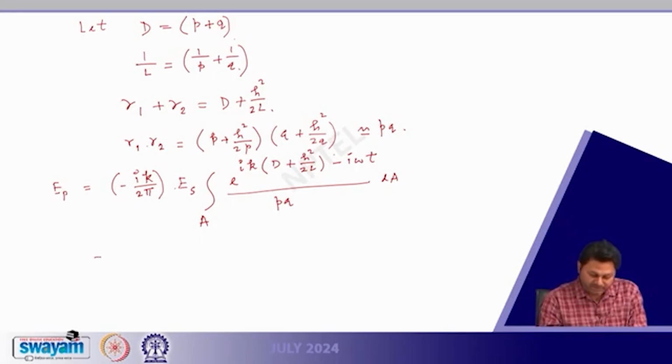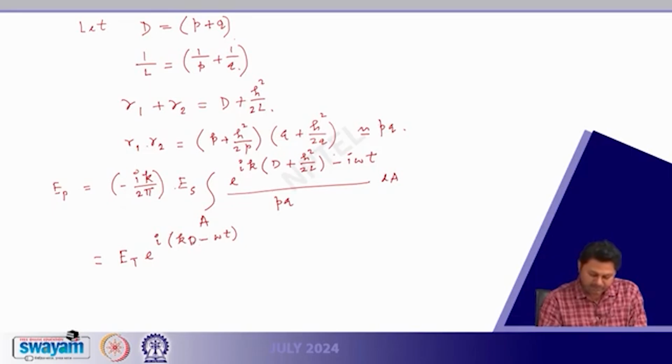So, I can write this all together, writing everything, say I K 2 pi multiplied by E S divided by P Q, put everything outside, and I write it as total field E T. Then I also take few terms outside which are not related to this dA, like I K D minus omega t.